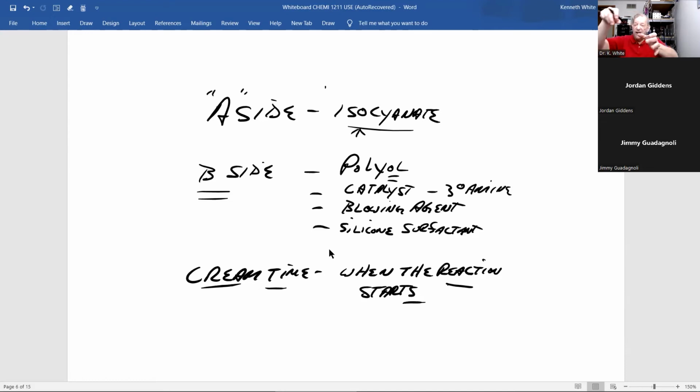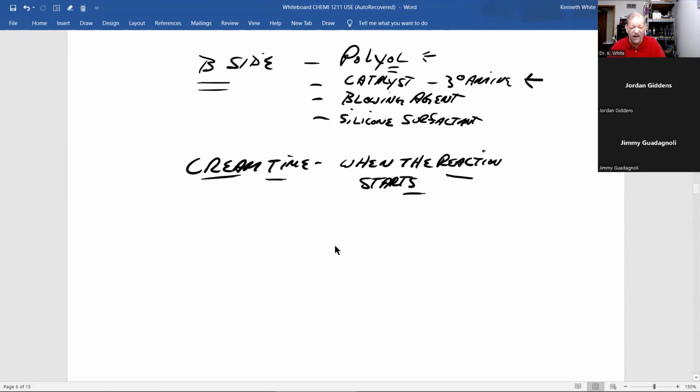And it looks like if you have black coffee and you pour cream into it, you know how it gets that lighter color brown or whatever. I'm not a coffee drinker, so you're asking the wrong person. Well, when you mix the two together and it starts, it gets that lighter color. The isocyanate is usually a dark color. This is almost clear or light honey color. And you can affect the cream time by changing the catalyst. For a quicker, smaller cream time, that means faster, you add more catalyst.